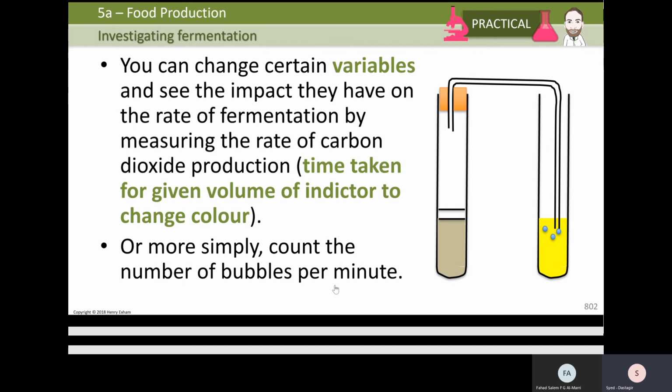One second, it's just frozen. Just for the hydrogencarbonate indicator, I just want to remind you. Fahad, what can you see? Can you see anything on your screen? No, I can't see anything. Okay, just give me a second.